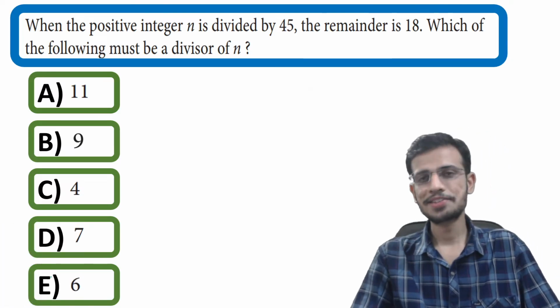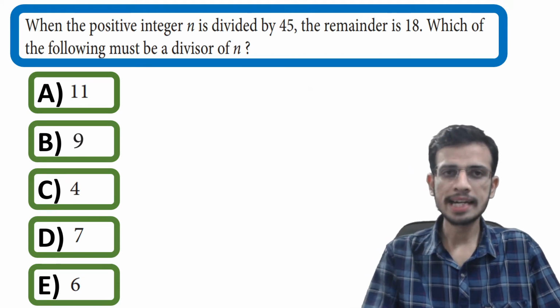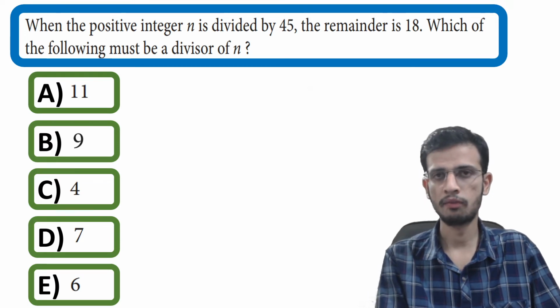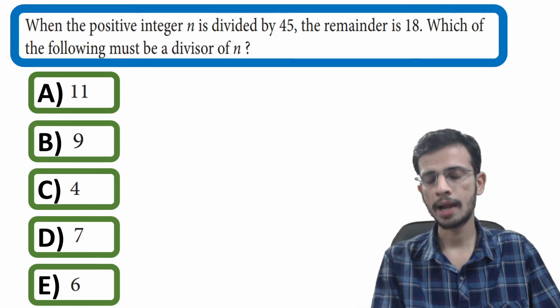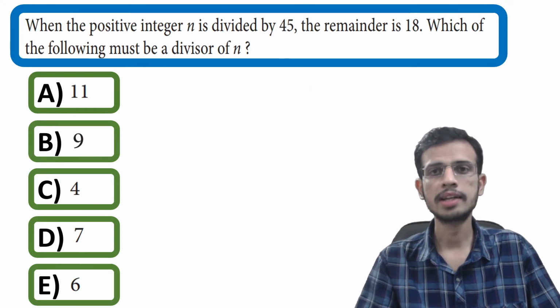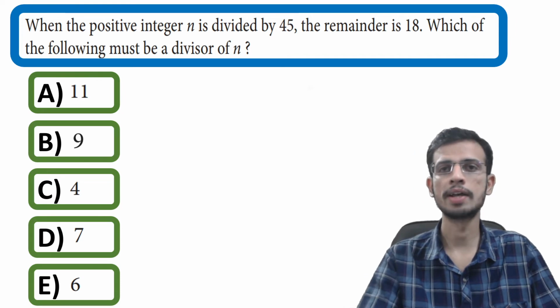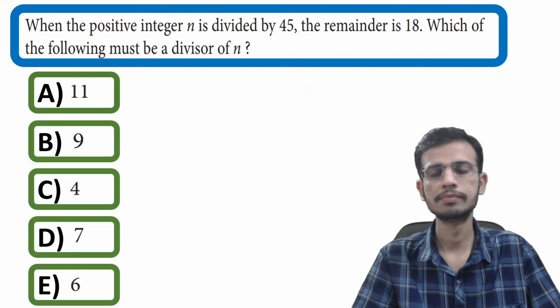This question is very interesting. So let's read it. When the positive integer n is divided by 45, the remainder is 18. That means it is not perfectly divisible by 45; it's leaving some remainder, that is 18.